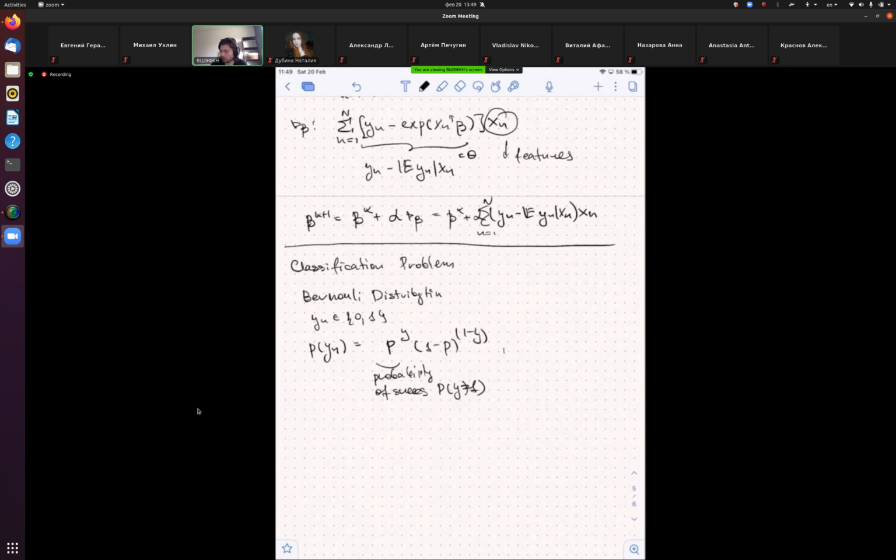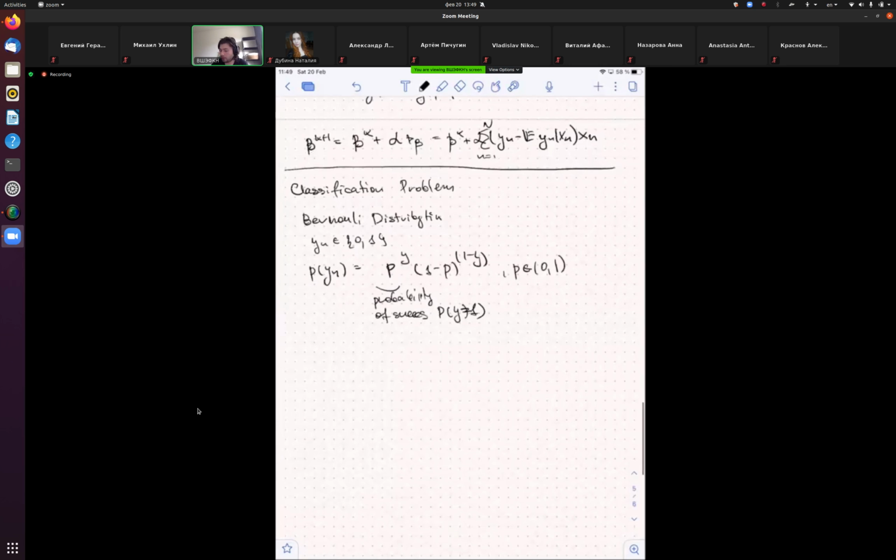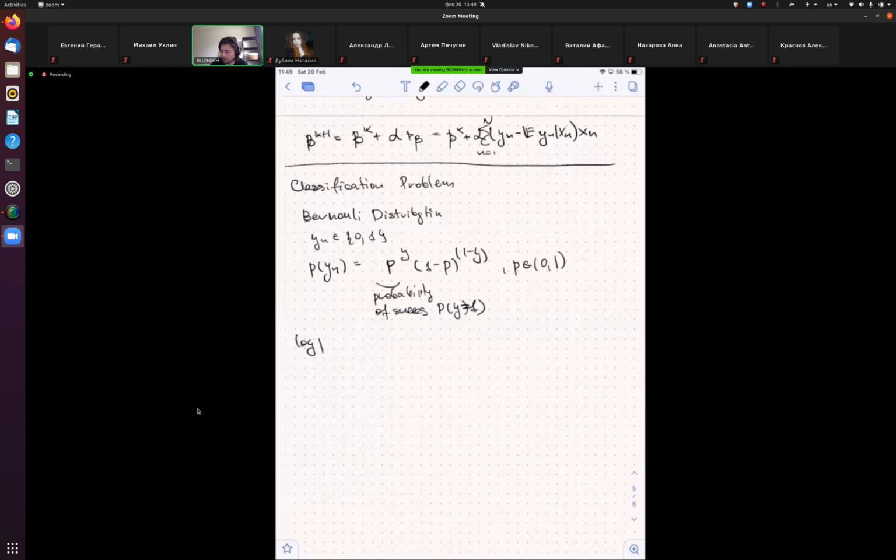And of course, we need the probability b to lie between 0 and 1. Okay, then of course we could take logs and say, this is equal to this, and this is equal to this.